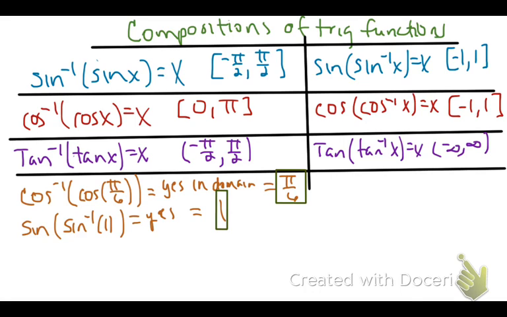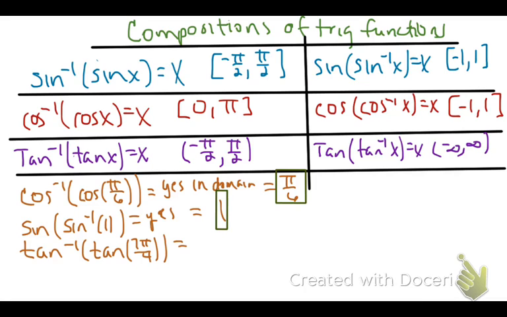Let's take tangent inverse of tangent 7 pi over 4. The tangent domain is what we would be looking at here, which is between negative pi over 2 and pi over 2.